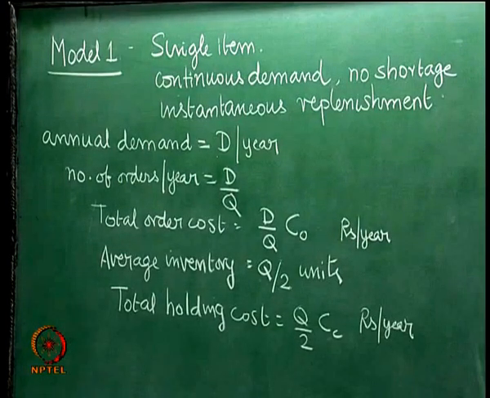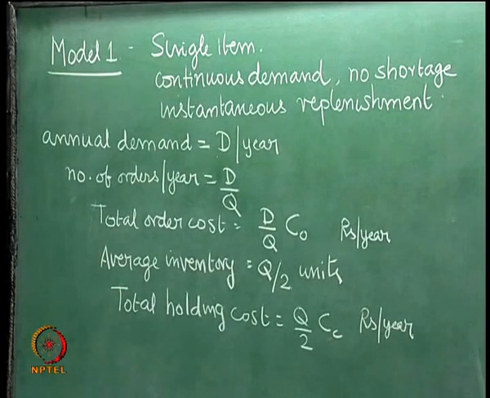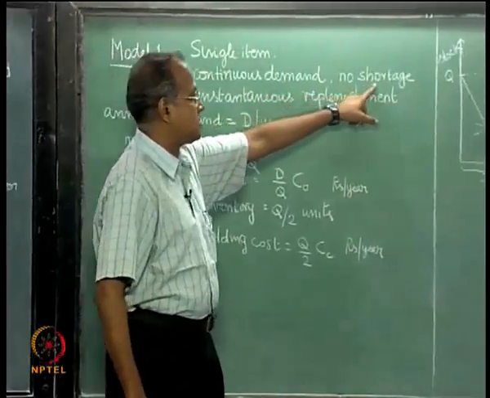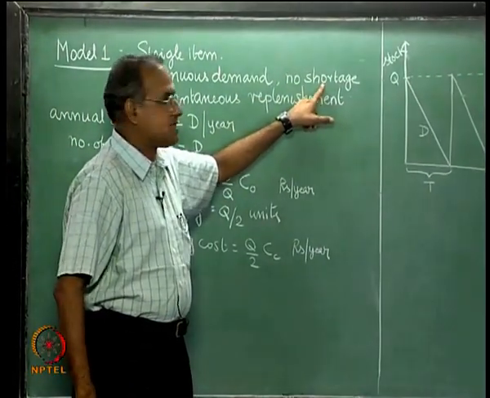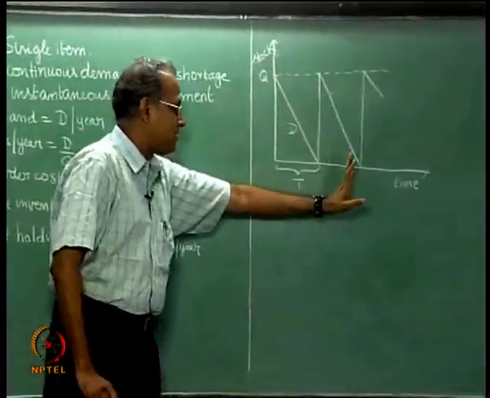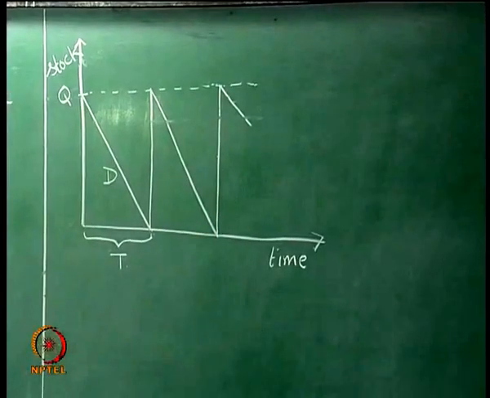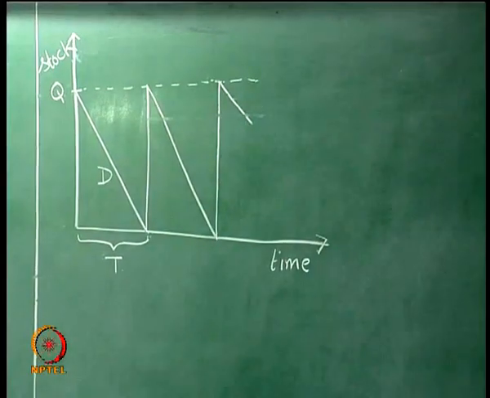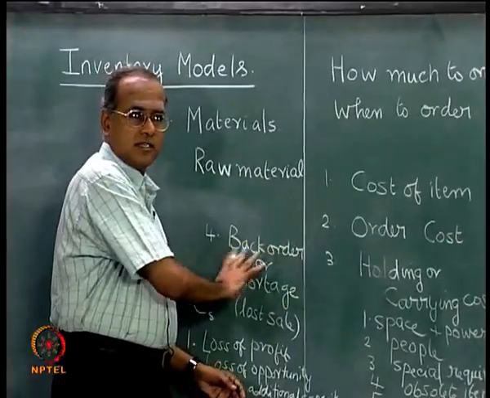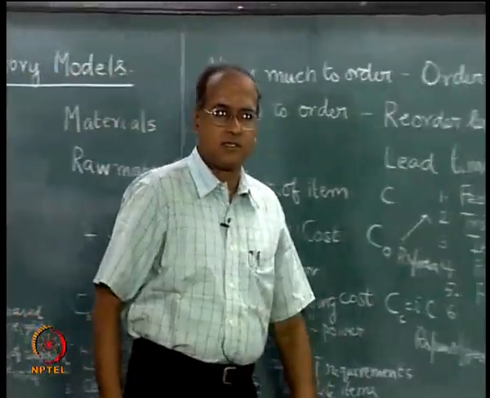Now we look at this cost, which is back order or shortage cost. One of the assumptions is that there is no shortage. So we do not incur shortage in this particular model, which means the inventory position does not become negative. So there is no shortage assumption in this model. Therefore we will not consider back order or shortage cost in our total cost.